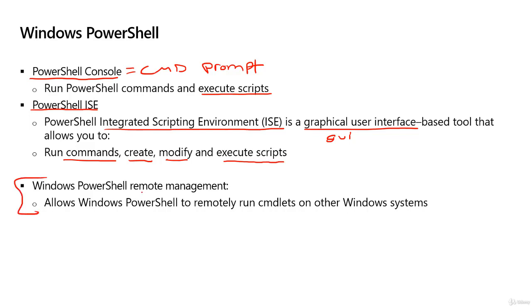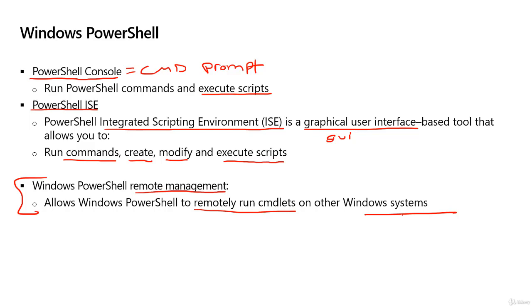PowerShell also has remote management capability. This allows you, from your local machine, to remotely run PowerShell commandlets on another system, and they would execute as if you had run them locally. Now, that is useful for a lot of things. I often use that for inventory.